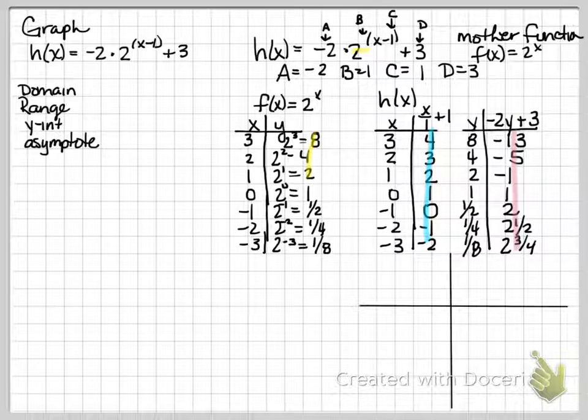Okay. So even though our table says negative 13, I'm not going to count all the way down to negative 13. I'll be able to plot most of my points and I'll be good.